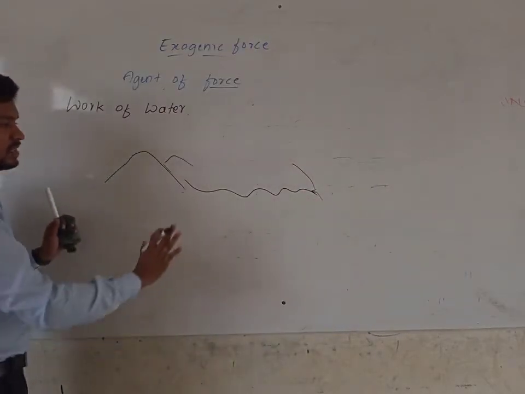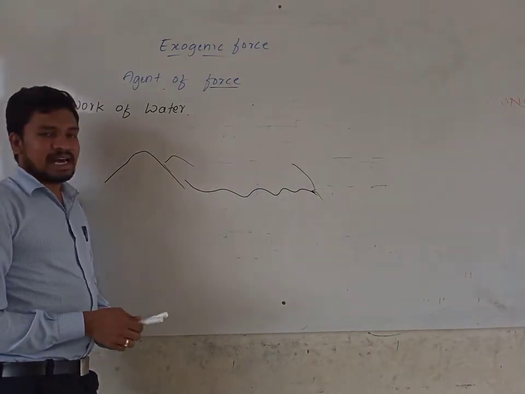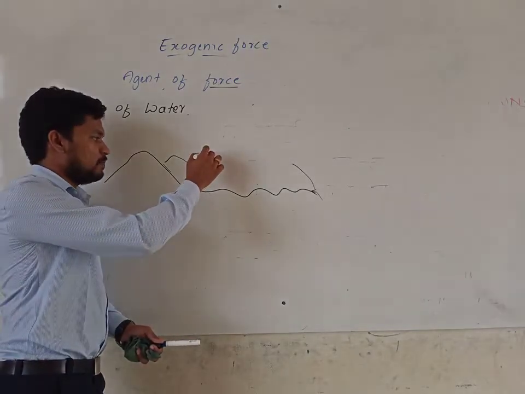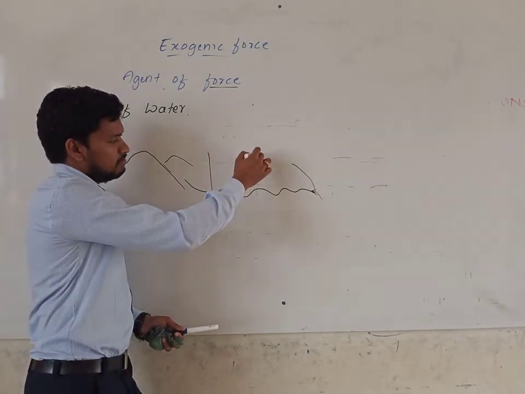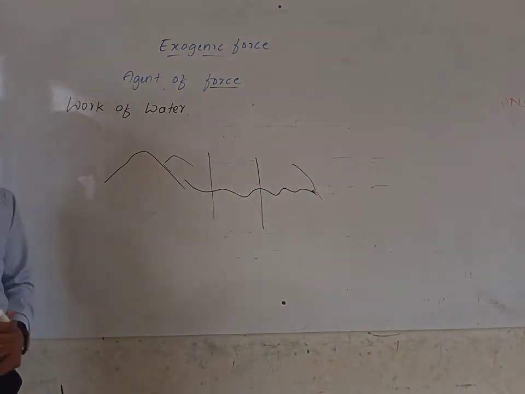This river has been divided into three stages: upper stage, middle stage, and lower stage.